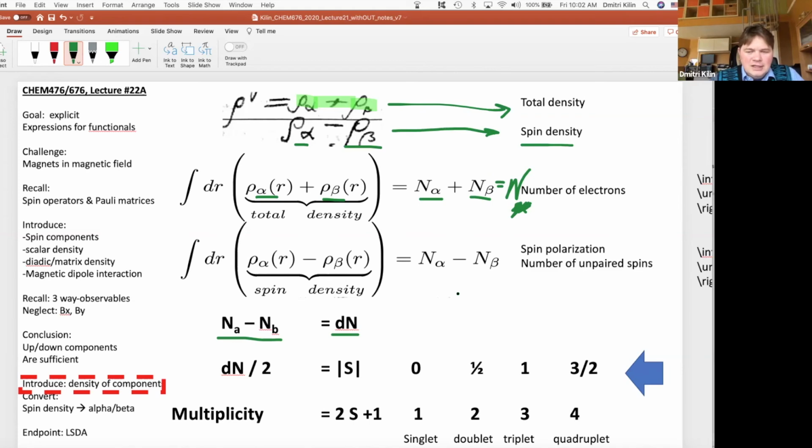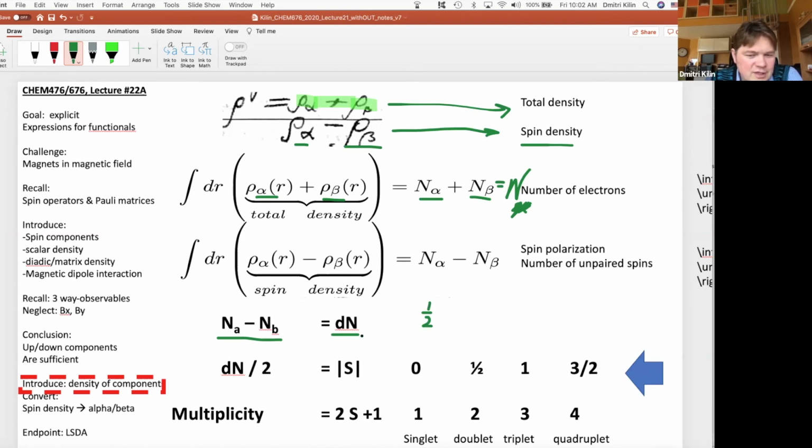Another thing that you may have seen in inorganic chemistry, or will see if you take it: this delta n is n up down, right? We can divide it by 2 because each spin has angular momentum plus 1/2 or minus 1/2.